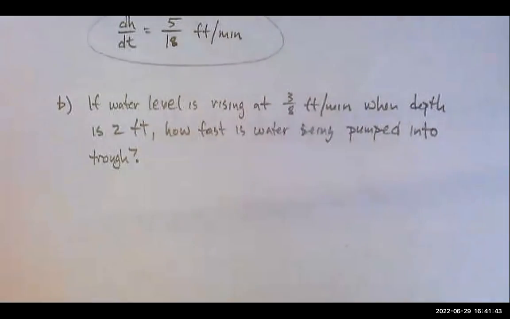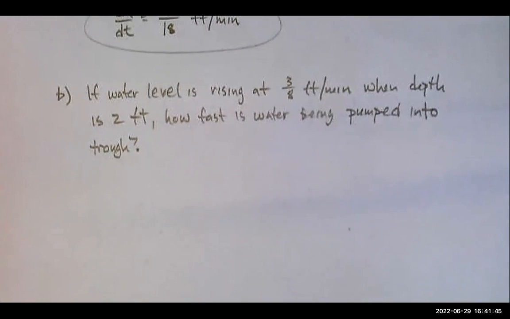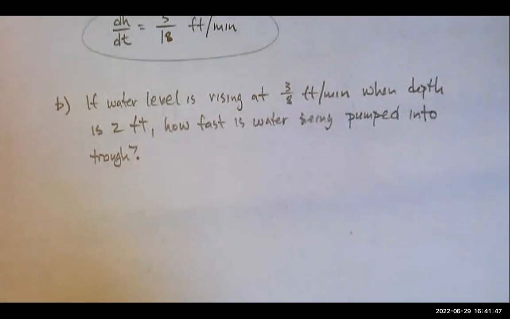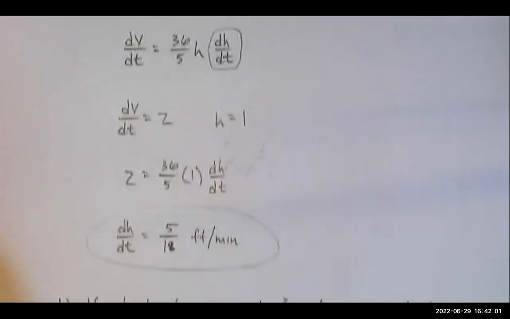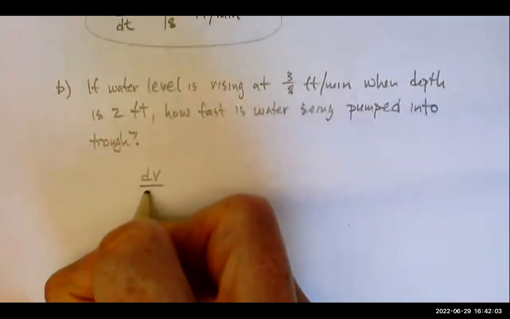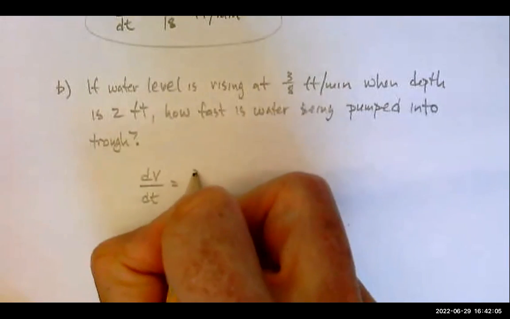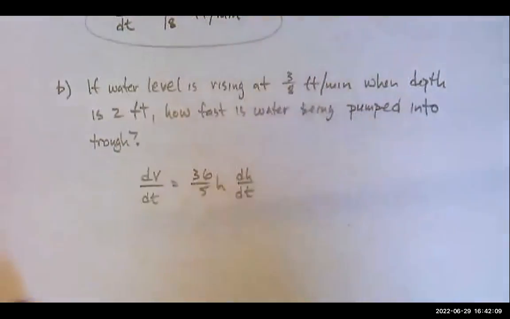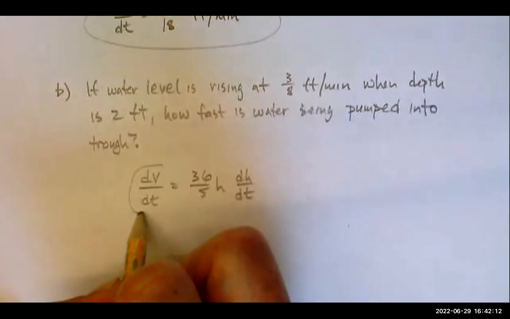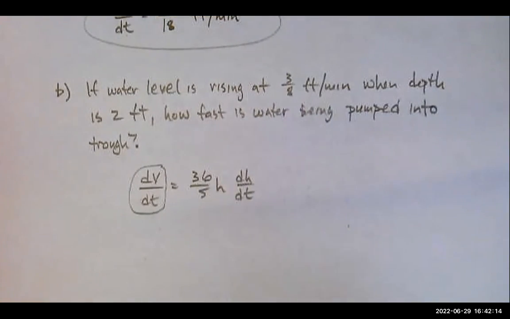How fast the water is being pumped in is the dV/dt. So here, what's nice is we already know our equation. See, where's our derivative equation? Oh, it's back up at the top of my page. dV over dt equals 36 over 5 h dh over dt. But now this time we're looking for the change in the volume.